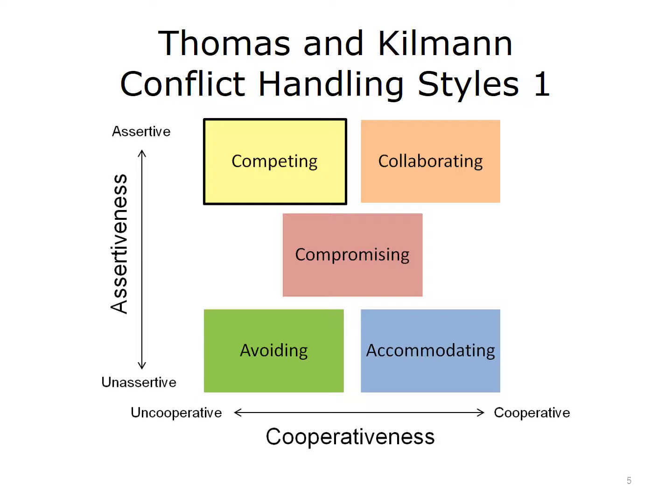This style combines assertive and uncooperative behaviors. It signifies a win-lose response to conflict. An individual employing this style of conflict handling seeks to achieve his or her objective at all costs. According to Rahim, such a style disregards any needs, concerns, or desires of the other party.